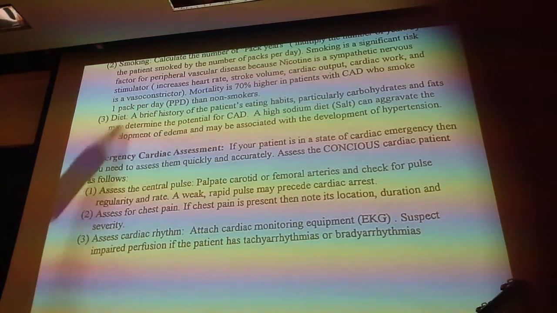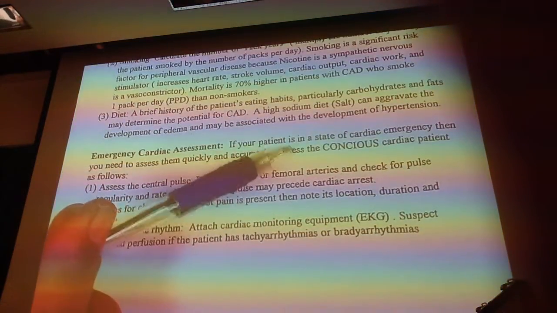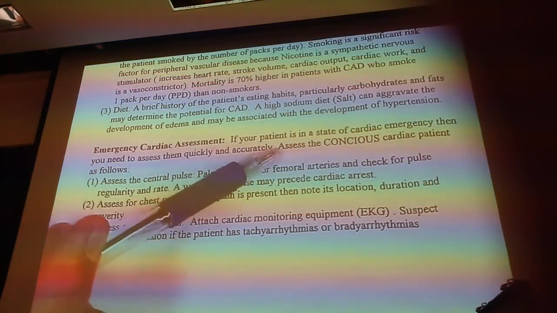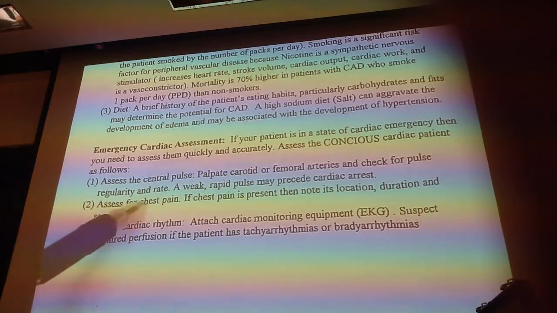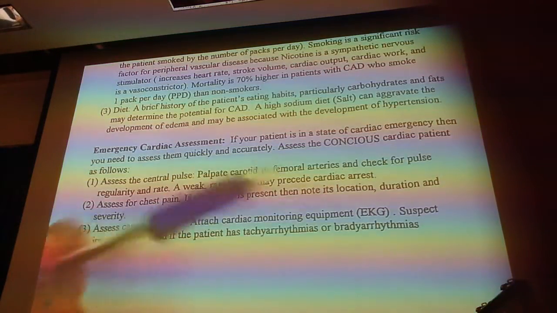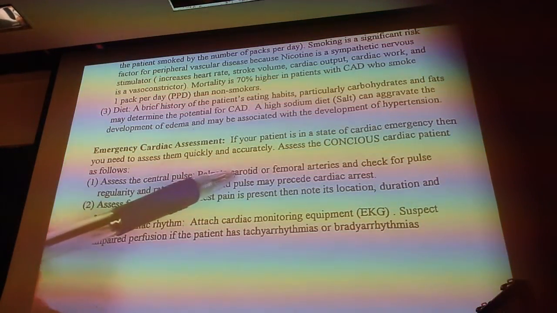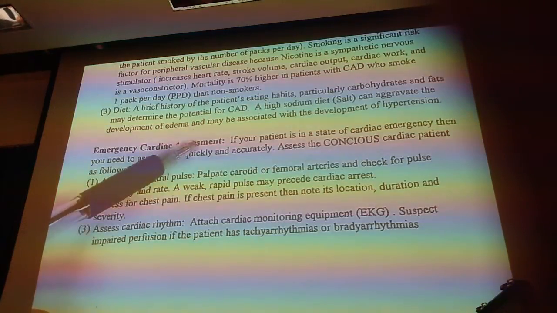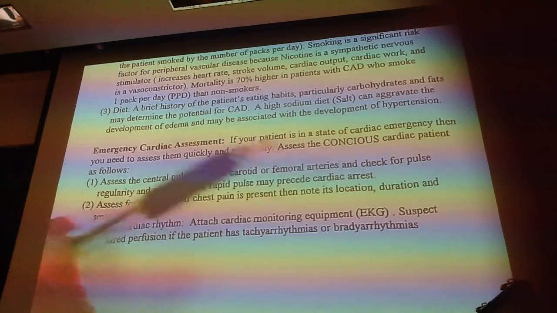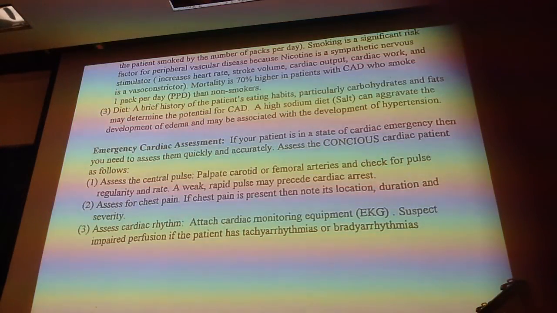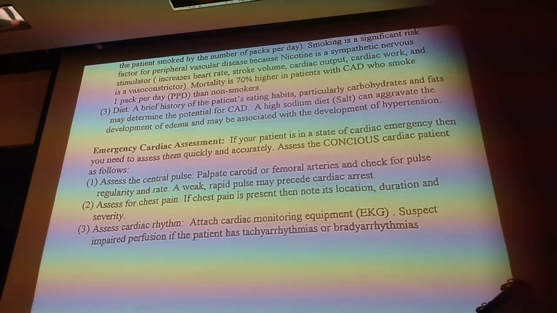Then if their condition starts deteriorating, they lose the ability to memorize those things. Eventually they go to verbal responsiveness, in other words, you have to shout at them. Then they go to painful responsiveness. Then unconsciousness where they don't respond at all, and then they're dead. And that's the truth.